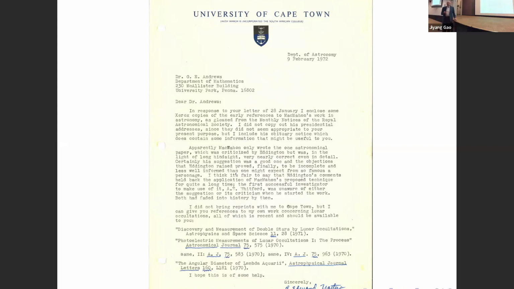This appeared almost immediately after Arthur Eddington, the famous British physicist, much more known in physics and astronomy, published an article crashing MacMahon's paper. However, the telescopes at the time were inadequate to determine who was actually correct.